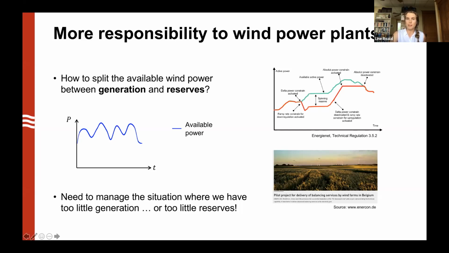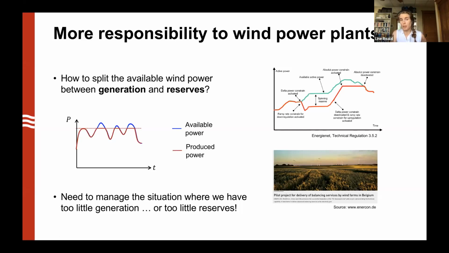Since we have to manage this variability in the wind power, if we also want the wind power plant to provide not only generation but also reserves, we have to manage the situation where in some cases we might have too little generation, and other times we might have too little reserves.